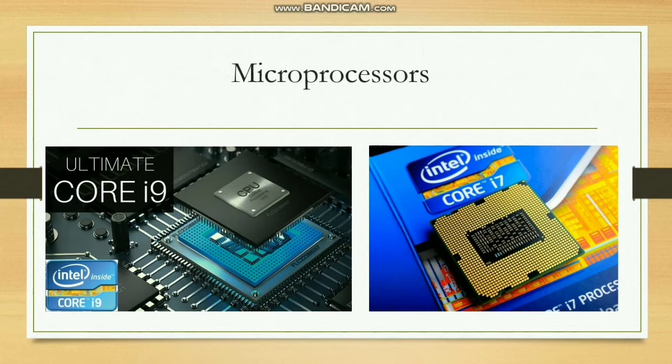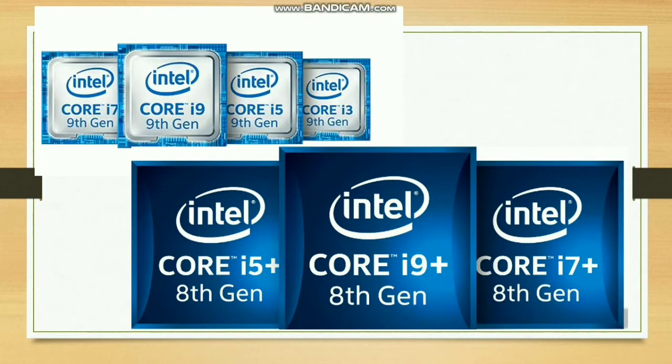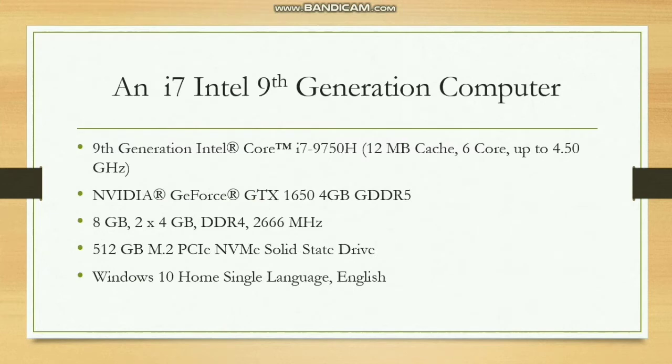These are microprocessors. The microprocessors being used are the 5th generation, the i5, i7, i9, the 8th generation and the 9th generation processors. An i7 Intel 9th generation computer has the following configuration.